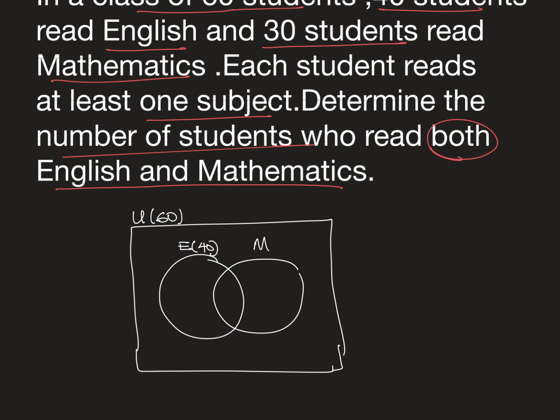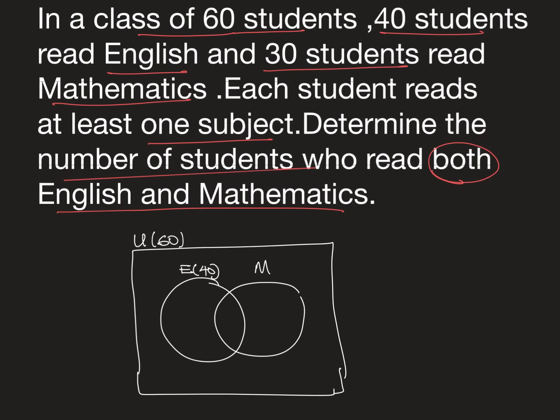And how many students were reading mathematics? It was 30. So if you add 40 and 30, you're going to have a number that is higher than the total number of students. What that means is that there are students studying more than one subject. So this is the area for them.